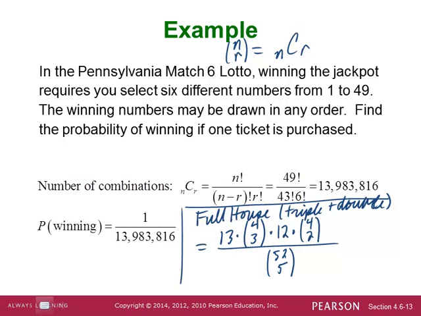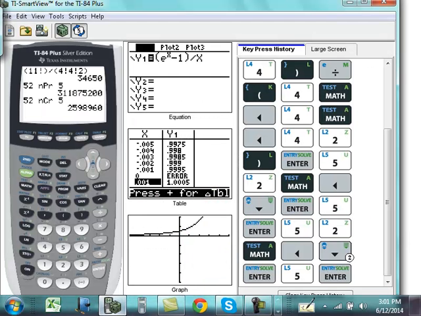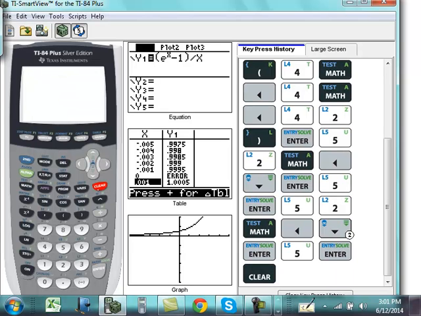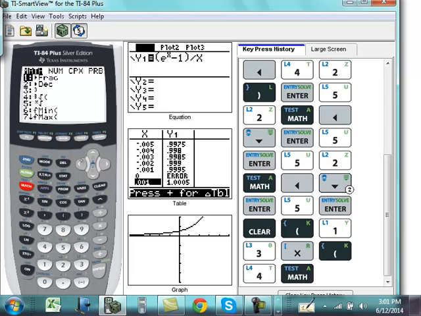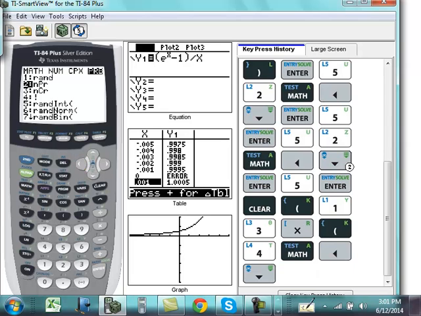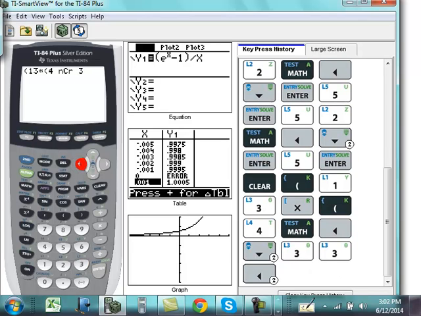So let's go and calculate on our calculator the probability of being dealt a full house. So we're going to do this. In parentheses, 13 ways of choosing that value for the triple, times, and now 4 choose 3 is 4, but we'll go ahead and do 4 choose 3. So there's 3.